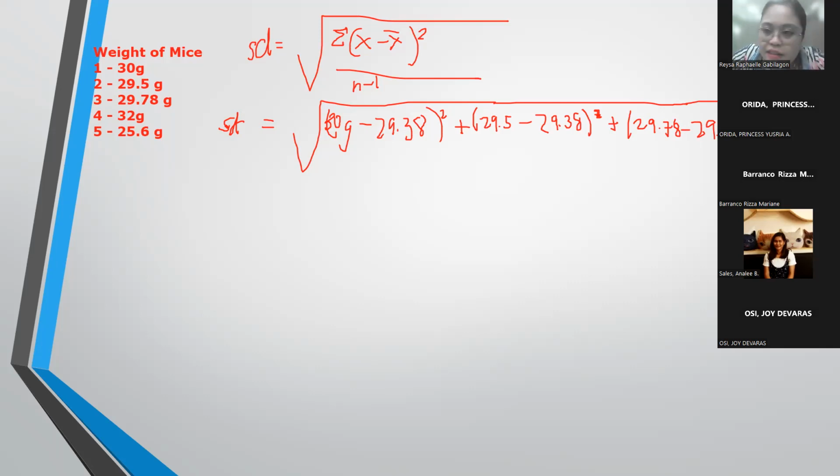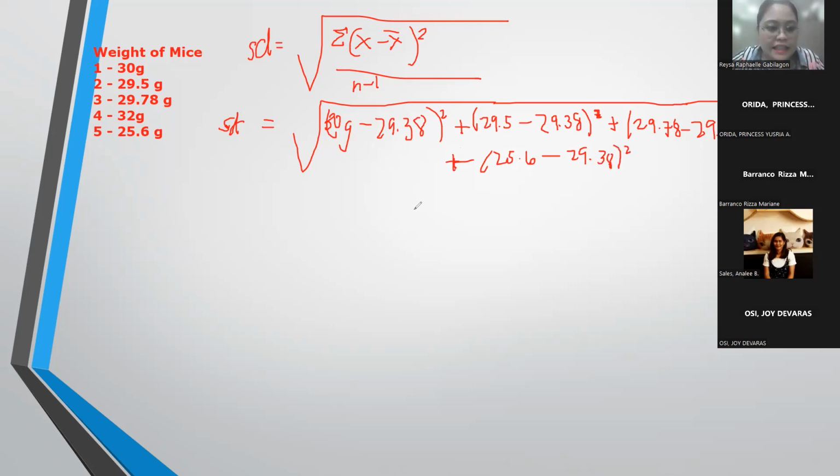Plus 32 minus 29.38 squared. Plus 25.6 minus 29.38, and then squared.